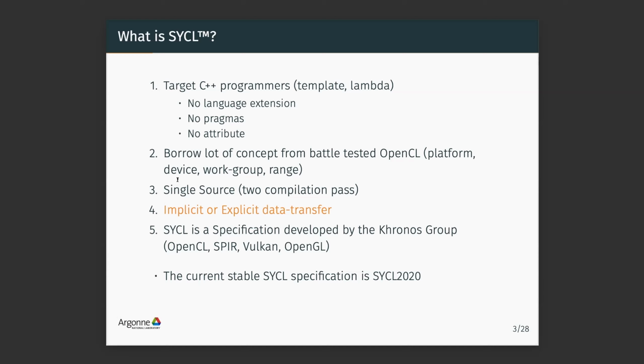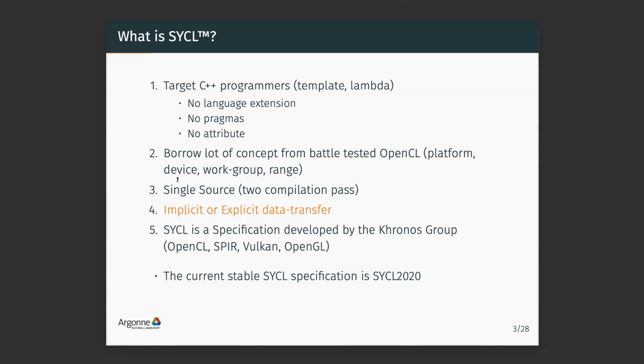It brought a lot of ideas from battle-tested OpenCL. OpenCL was used for a long time. It's a really nice little piece of API. They didn't reinvent the wheel, they reuse platform, device, workgroup, range. The big difference is that, like in Kokkos for example, it is really single source.